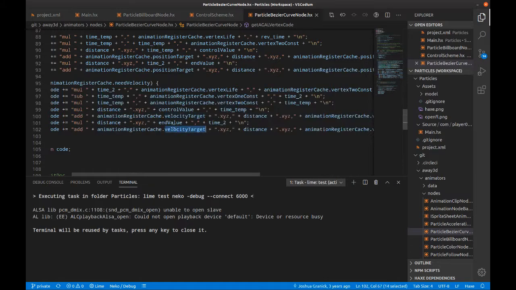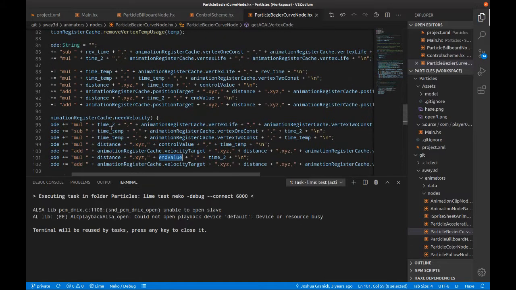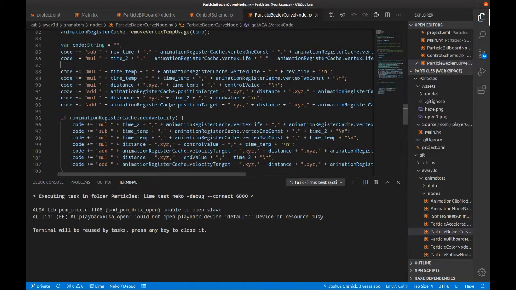Sheesh, velocity and value. I do like that some of these values are well named. But yeah, it's annoying that you have to type mul this, that, the other.